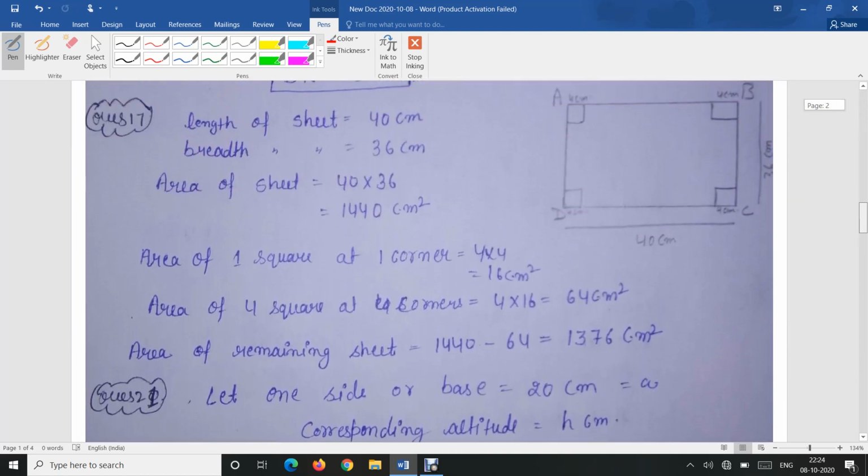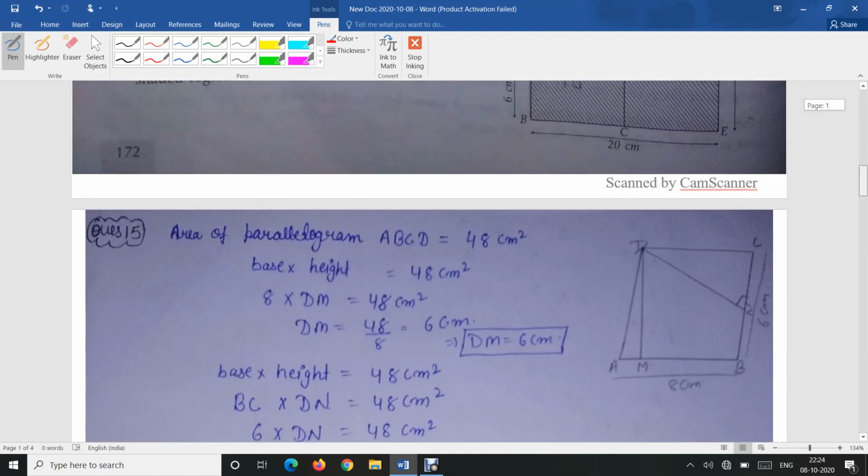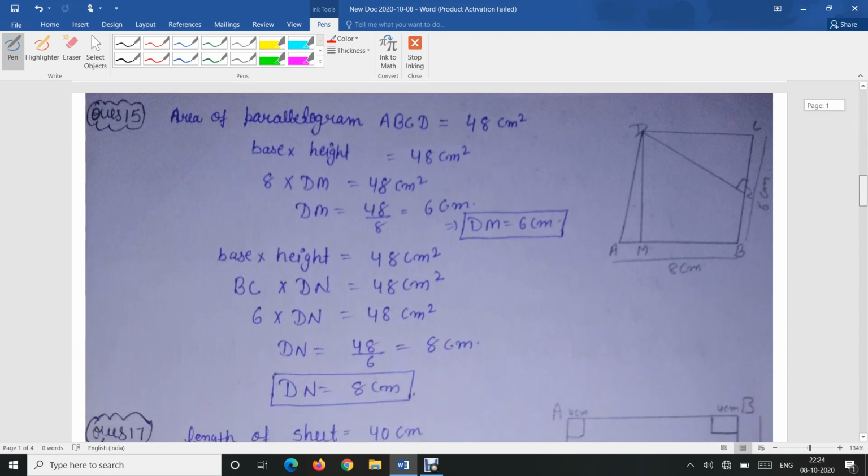So see the solution for this question. This is question number 15. Area of parallelogram ABCD is given, which is 48 centimeter square. You know the formula for area of a parallelogram is base multiplied by height. So you can put base multiplied by height in place of area of parallelogram ABCD, which is equal to 48 centimeter square.